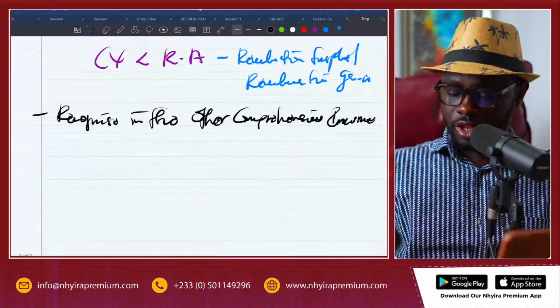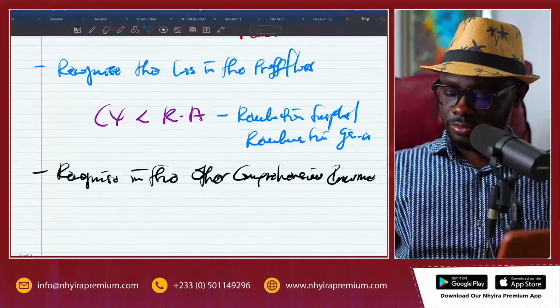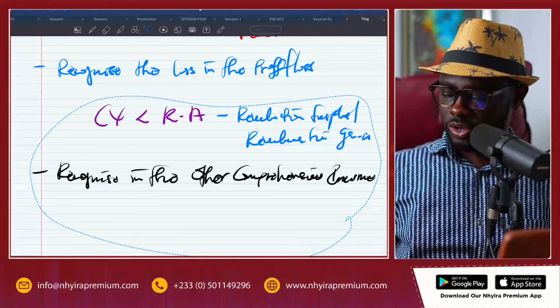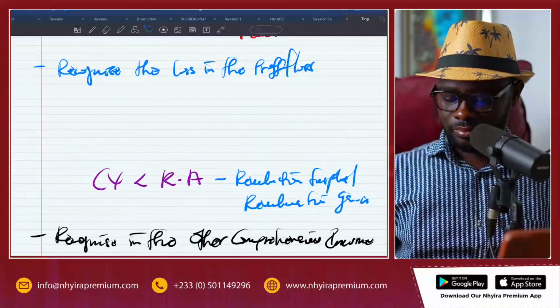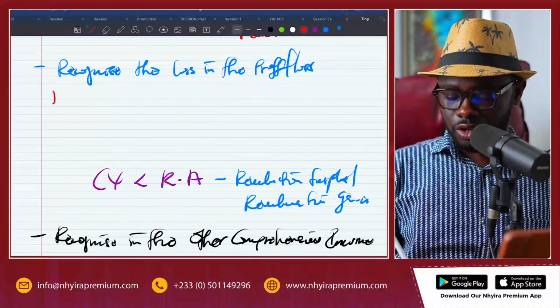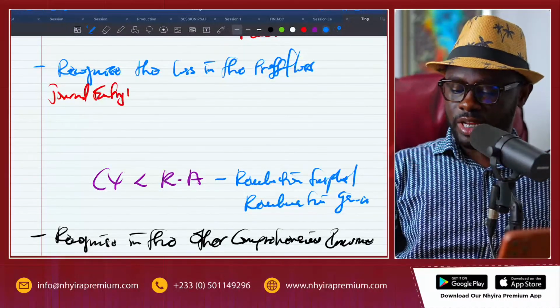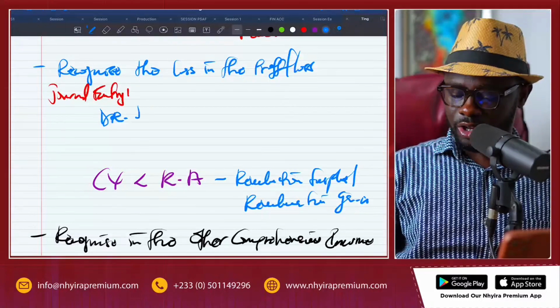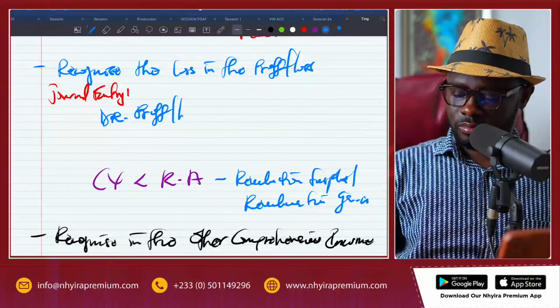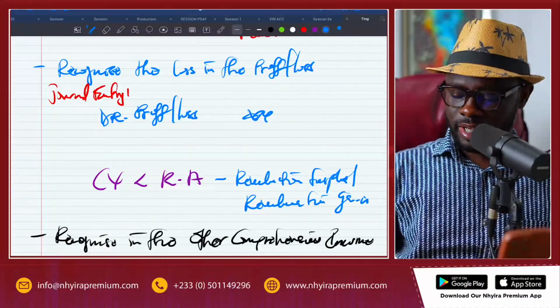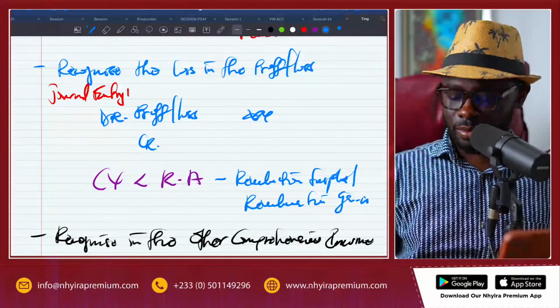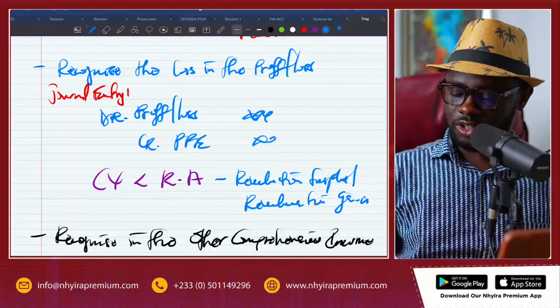For journal entry purposes, it will look like this. For a first-time revaluation loss or impairment in the asset, we would debit the profit or loss, and then credit the property, plant and equipment.